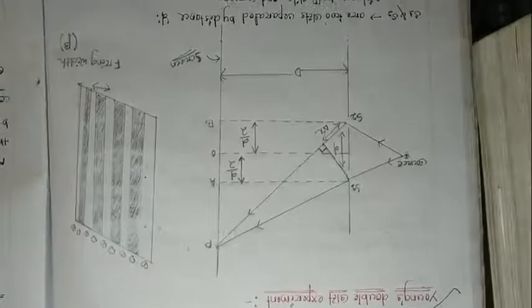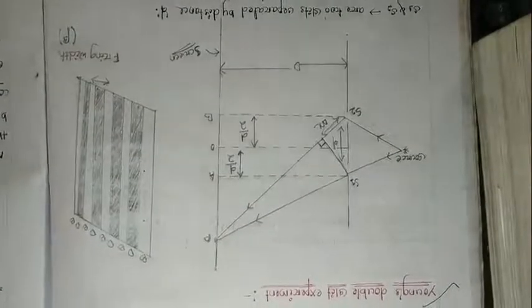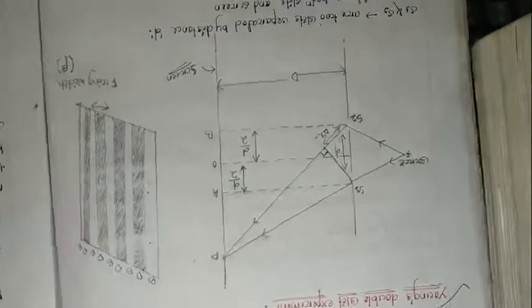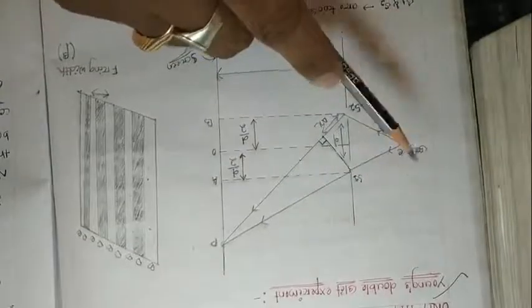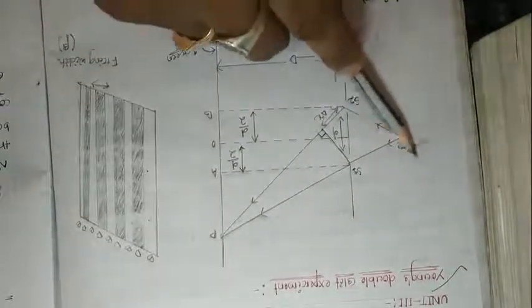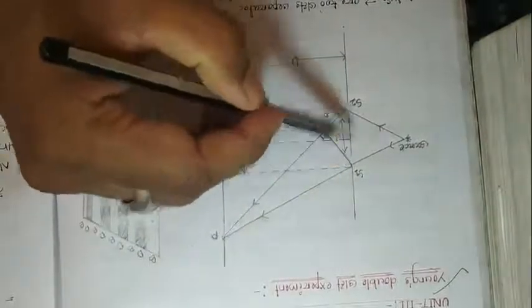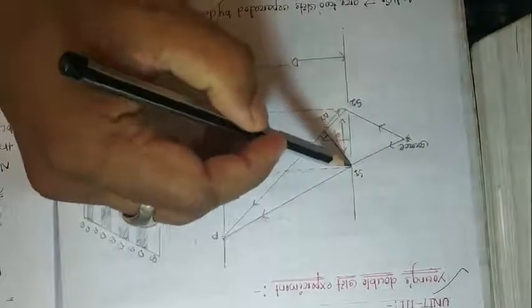Here, double slit means two slits will be present and one screen. See, this is a source. Source means one bulb will be here, and these are two slits or two holes, we can say S1 and S2.